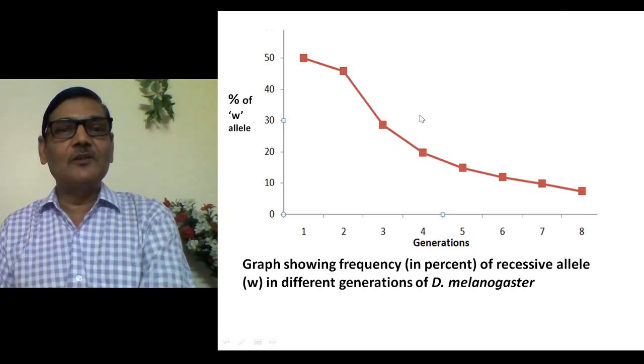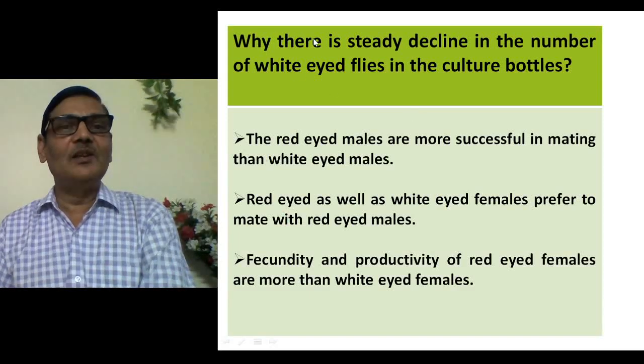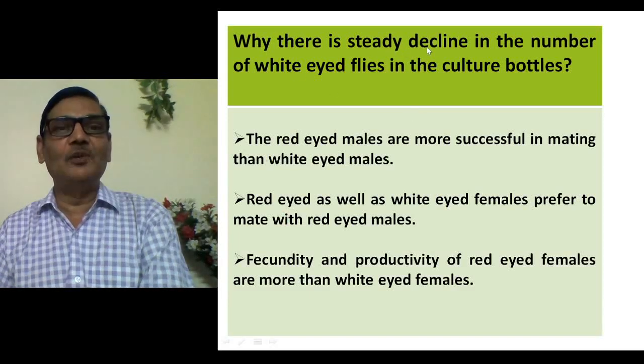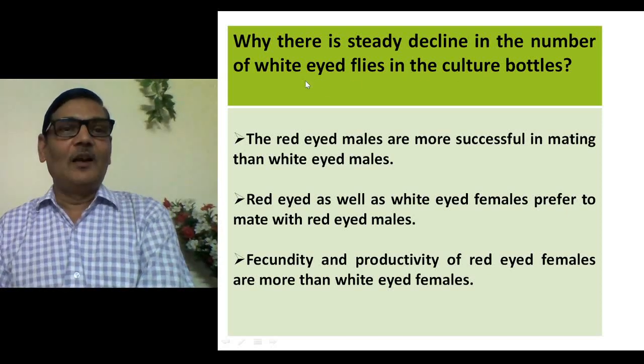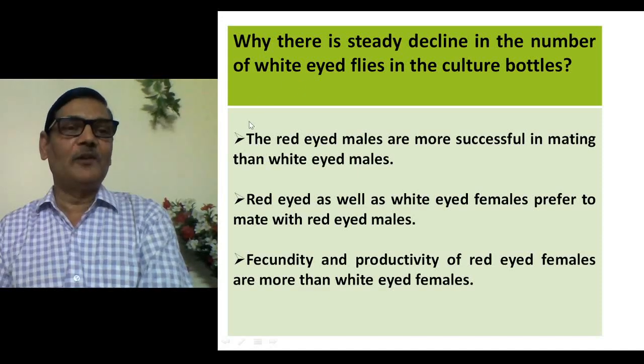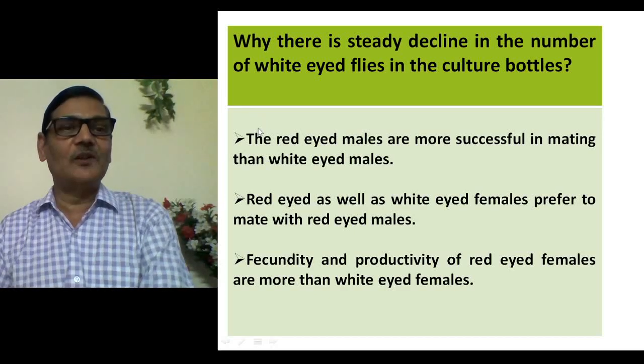Now the question is why there is a steady, continuous decline in the number of white-eyed flies in the culture bottle. We want to know why this kind of trend is there. People have done behavior-related experiments. They have observed the mating success of red-eyed and white-eyed males, and the receptivity of red-eyed and white-eyed females.